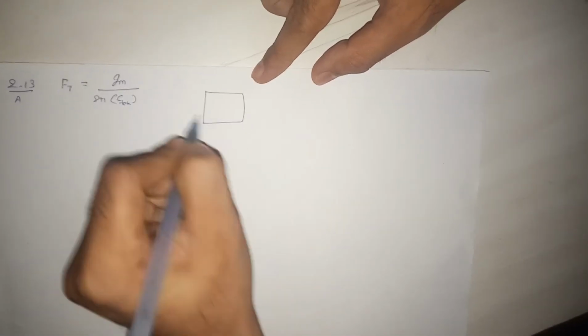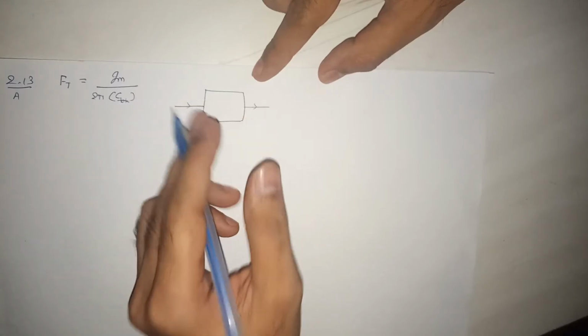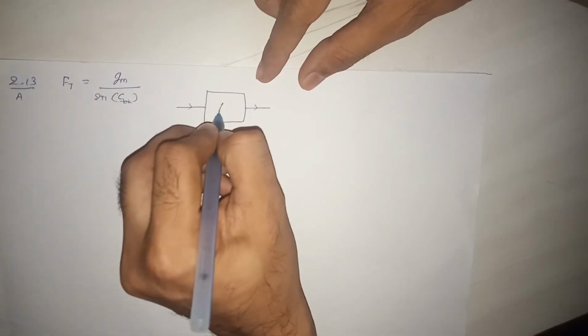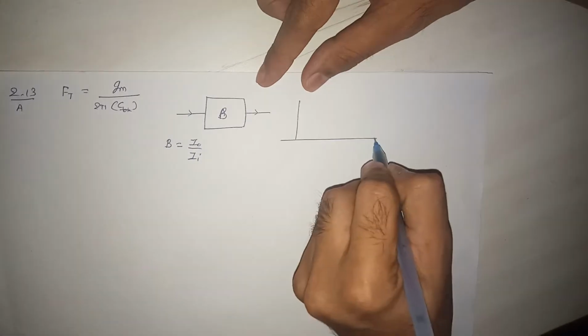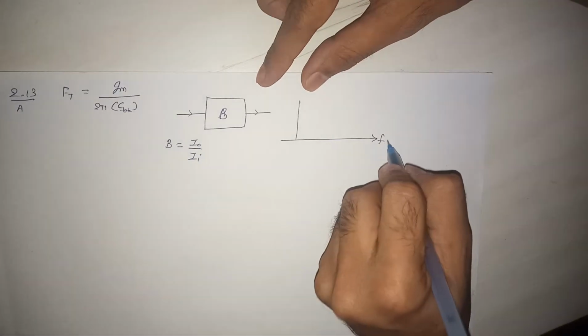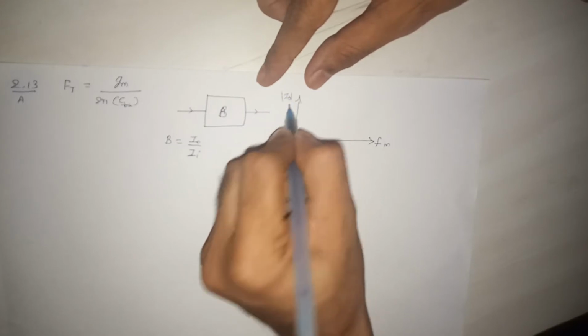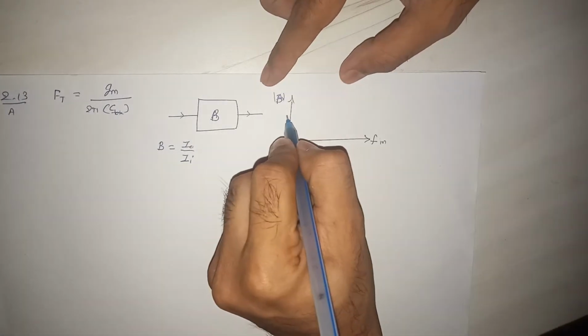Let's say you have some black box. The current in and current out is the interested quantity, and we have some gain. Generally current gain is stated as beta. So beta is I out upon I in, and this is the frequency of I in versus I out, or maybe you can take some gain quantity also there.